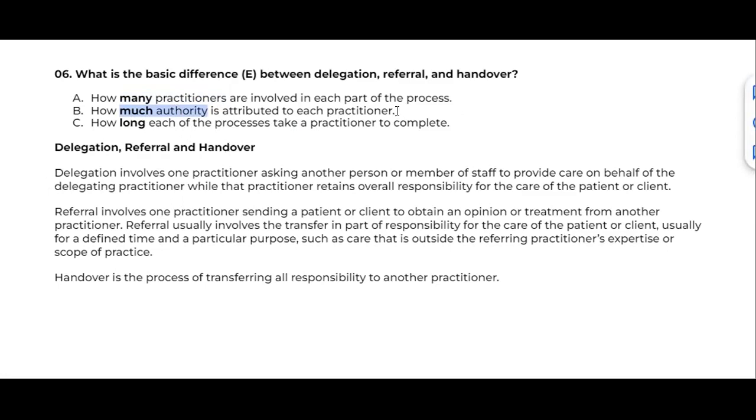Can you see that? In the third one, how long each of the processes take is the duration of the process. Handover is taking 5 minutes, referral is taking 10 minutes, delegation is taking half an hour. Is there something mentioned about that? All right. So please, it's not very difficult.